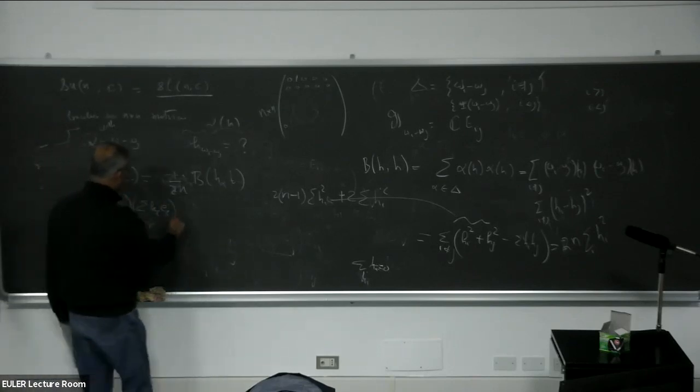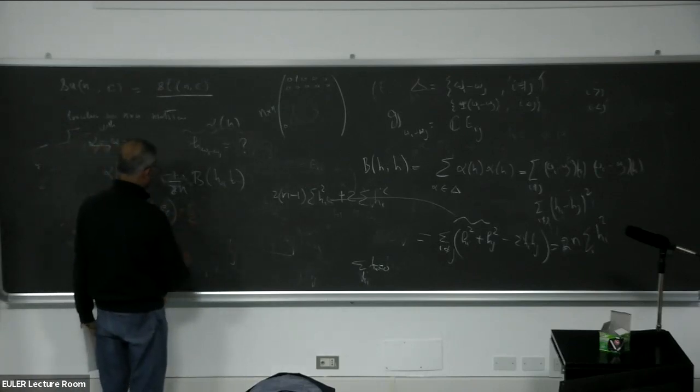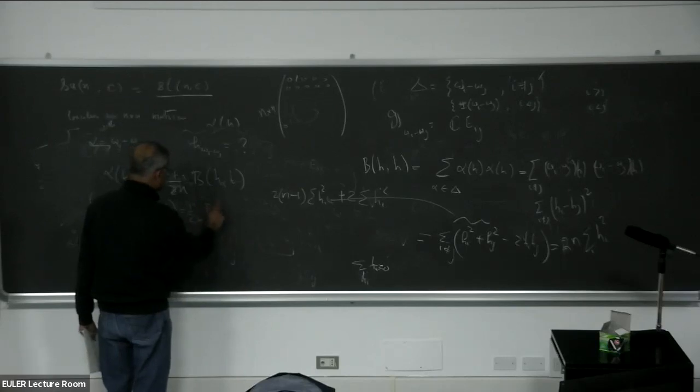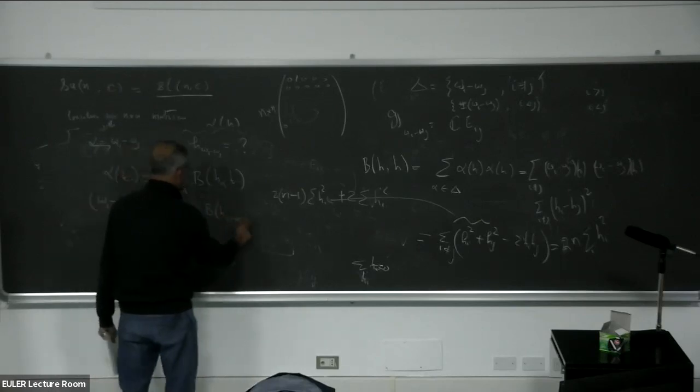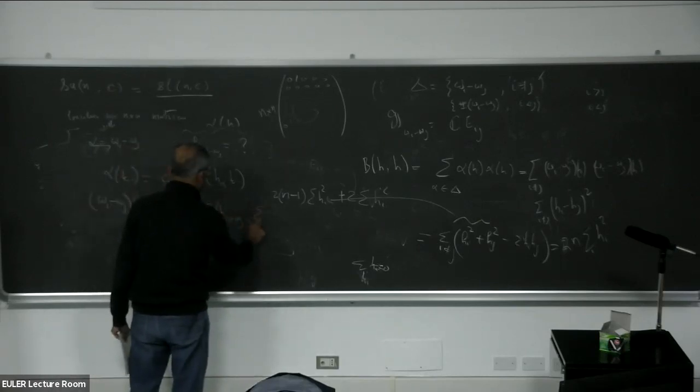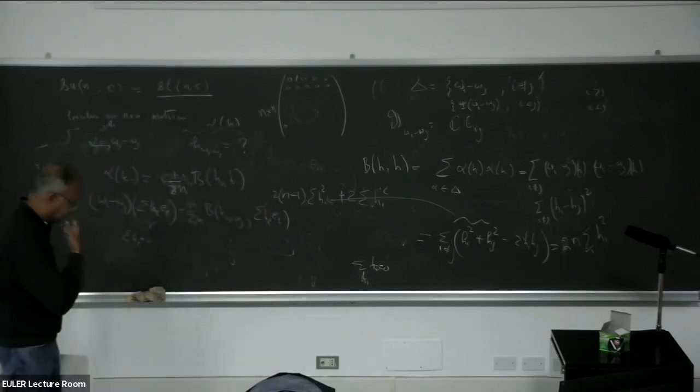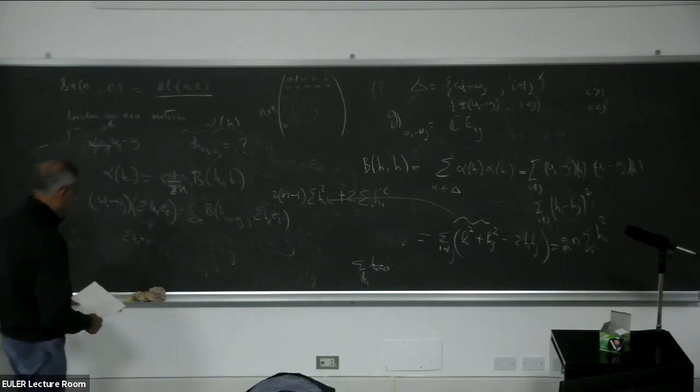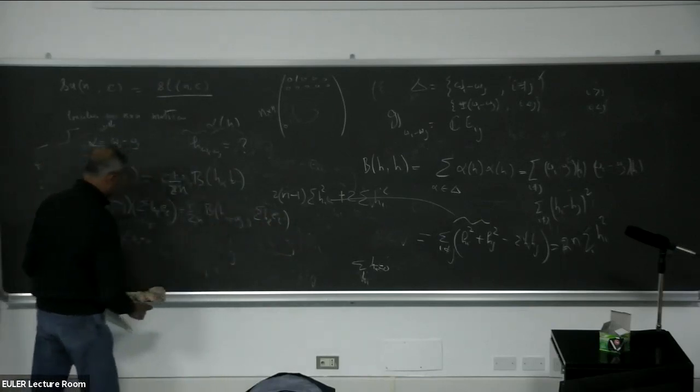So this should be equal to 1 over 2n times B of h_alpha, h_(omega_i minus omega_j), comma, sum over k_l E_l. So we want to find this h of omega_i minus omega_j.